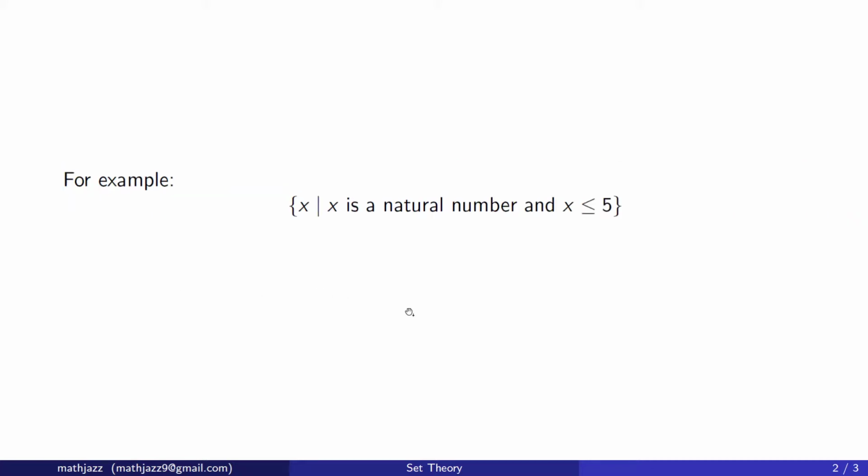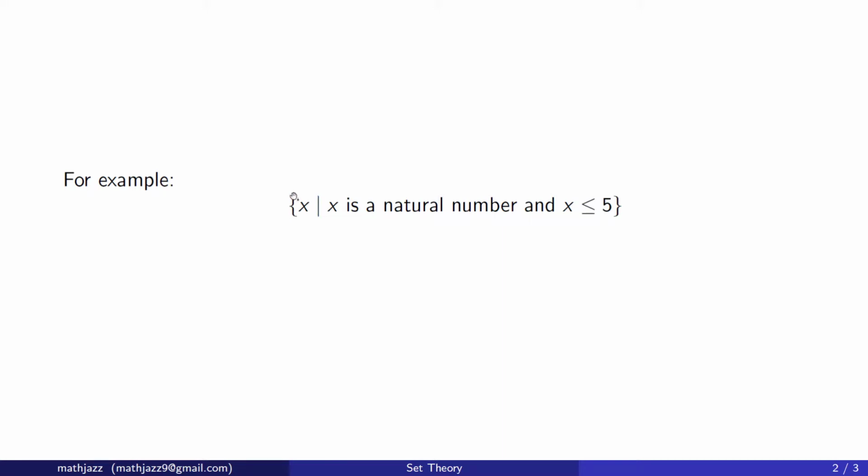For example, this is a set written in set builder notation. It's probably just as fast to write 1, 2, 3, 4, and 5 as to write this, but this is an easy set to grasp and understand, and it has the properties that we're looking for.